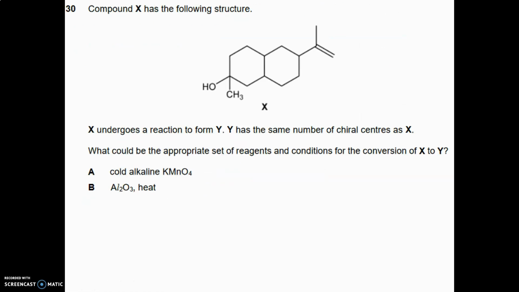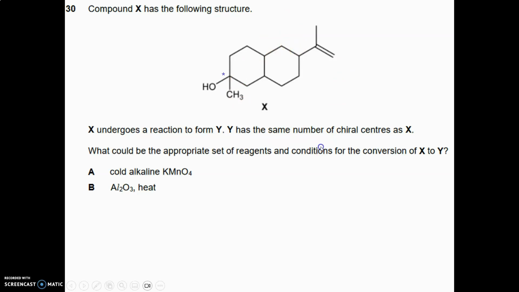Next, question 30. We have compound X with the following structure. It undergoes reaction to form Y, which has the same number of chiral centers as X. So we need to identify where and what number of chiral centers are there in X first.